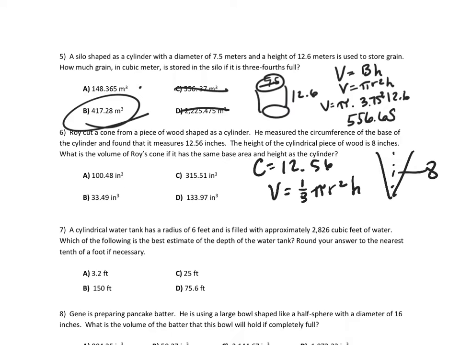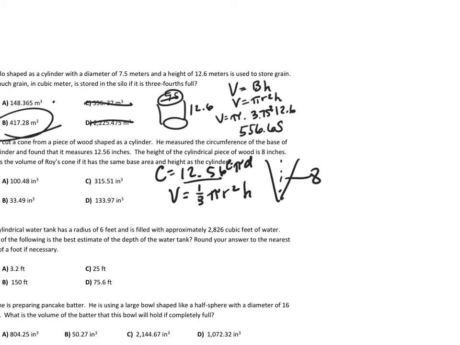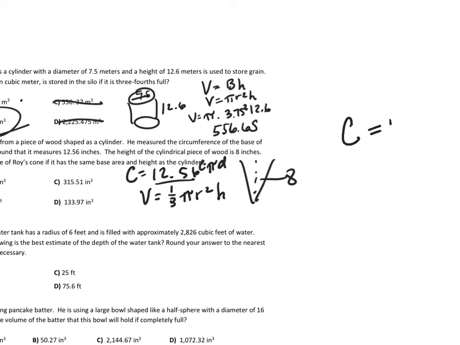We don't really know the radius, okay? So we're going to have to find it based on the circumference. If your circumference is 12.56, the circumference formula is pi d. So you can kind of solve for that. So you can solve for the diameter because you say this is 12.56. We know pi.